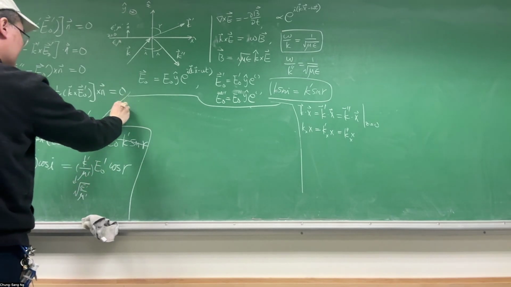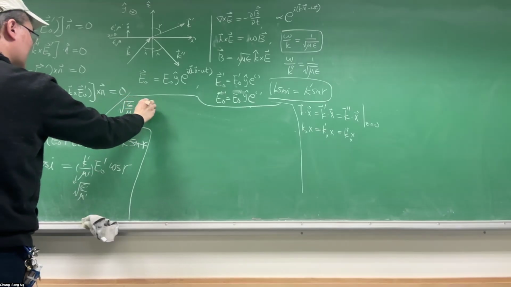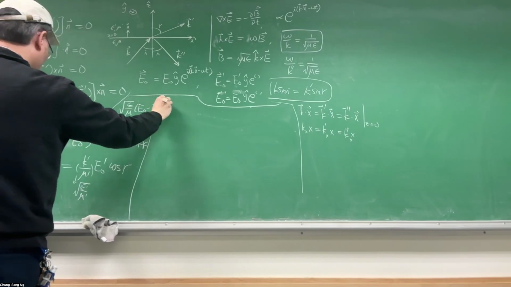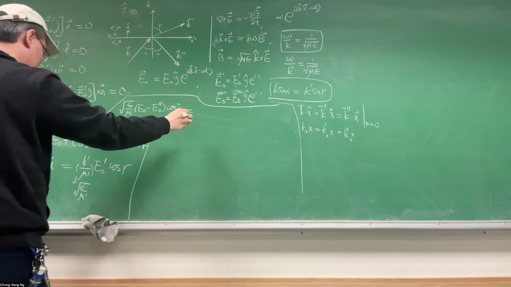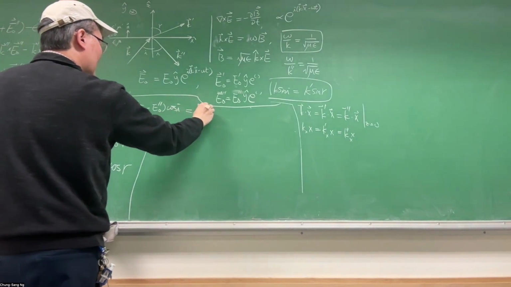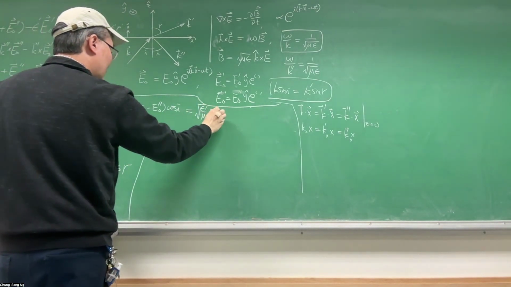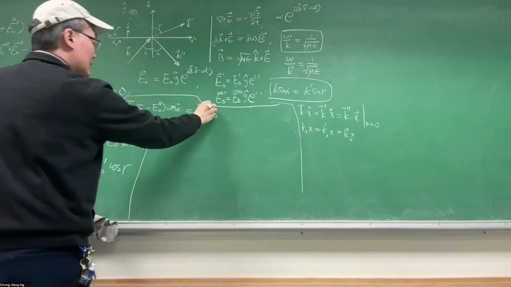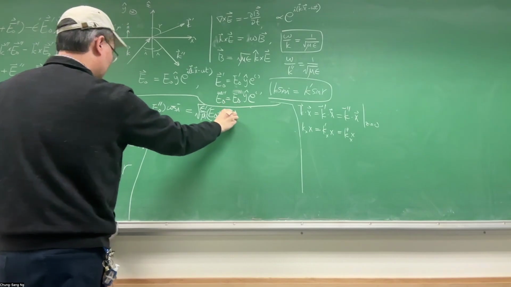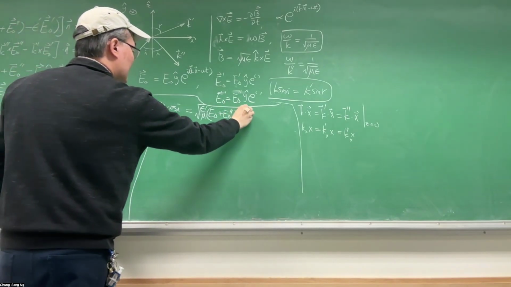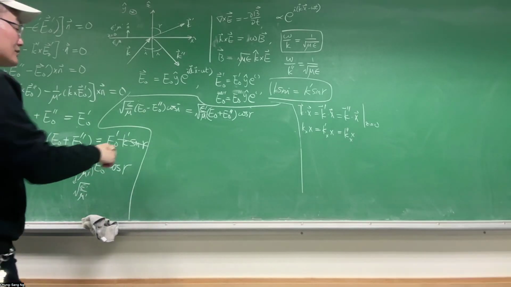So you have epsilon (E_C − E_C'') cosine I equals epsilon' mu' E0', where E0' becomes E0 plus E0'' cosine I. All right, so that makes the two sides a little symmetric.